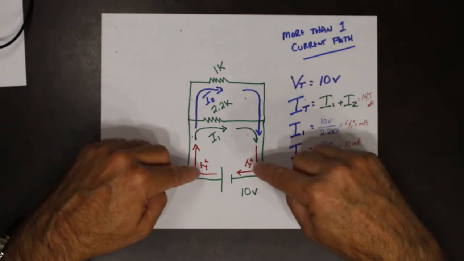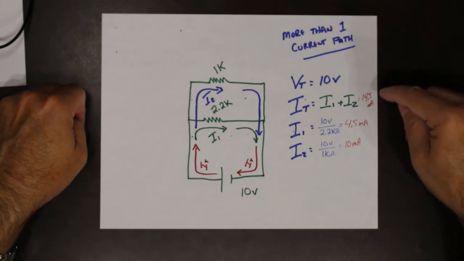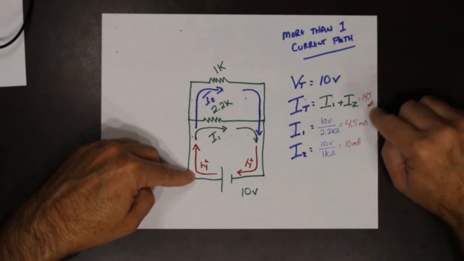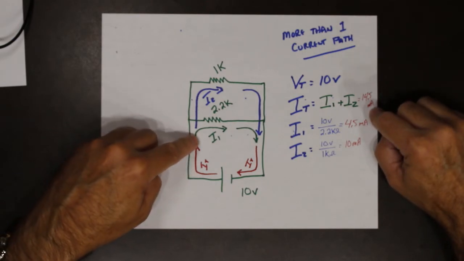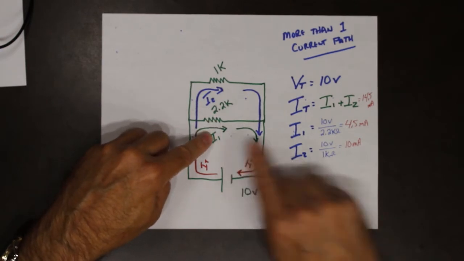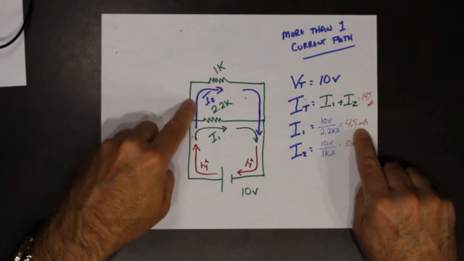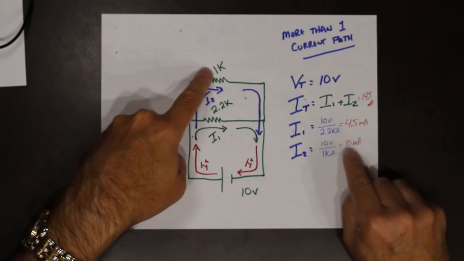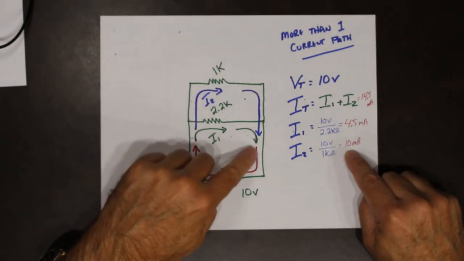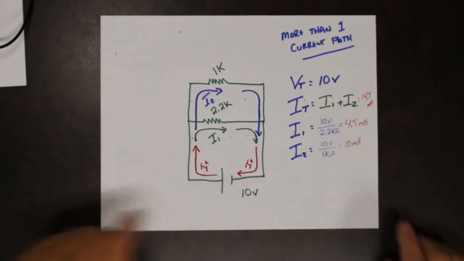So, in this particular circuit, I total leaving the source is 14.5 milliamps. When it splits, I1 that flows through this resistor is 4.5 milliamps. I2 that flows through this resistor is 10 milliamps. Then they rejoin and flow back to the source.